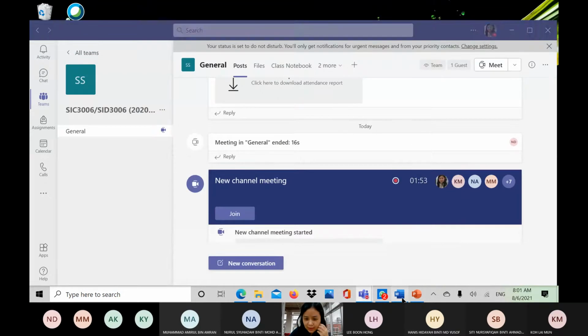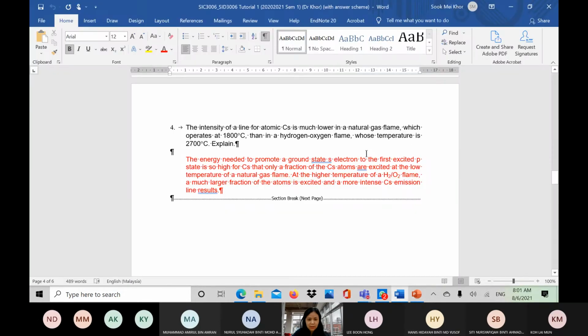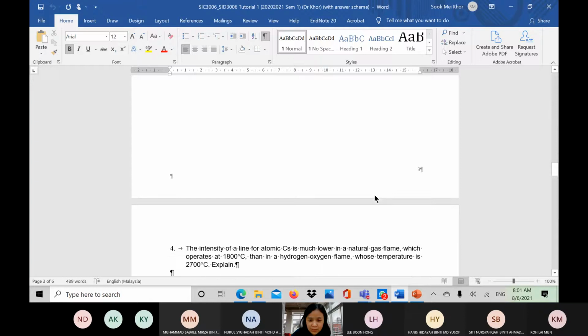Right. So today we're going to continue our discussion on our tutorial question number 3. This week, Tuesday and Thursday will be my slot. So I will finish the tutorial 1 discussion, and at the same time, if students have any questions related to our atomic spectroscopic techniques, please ask so that we can discuss together in this tutorial session.